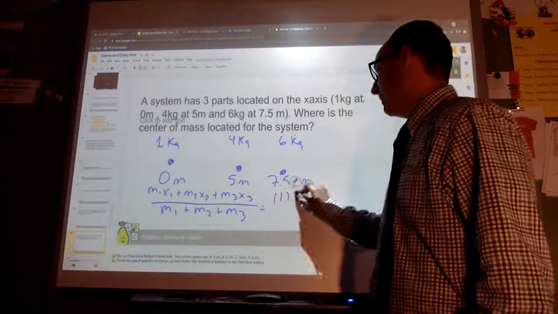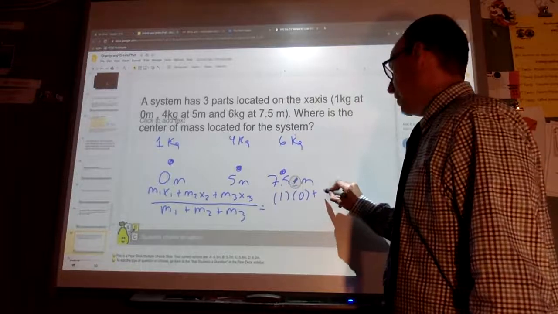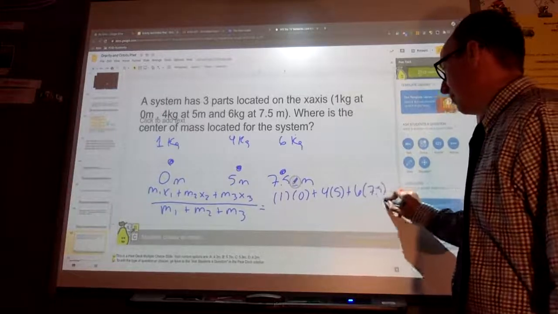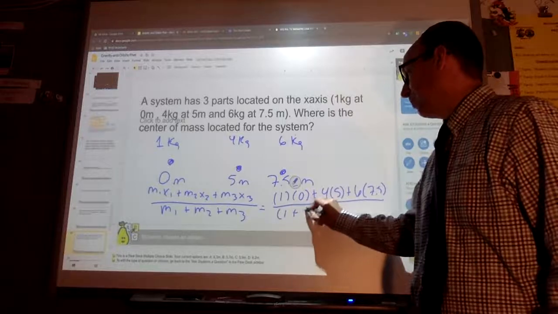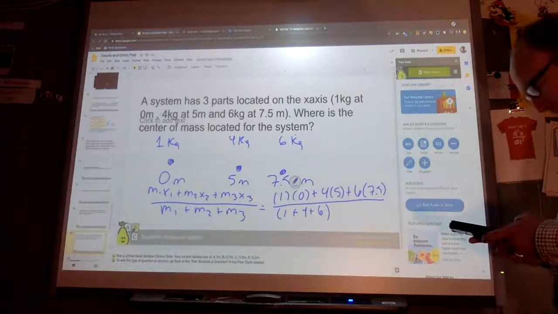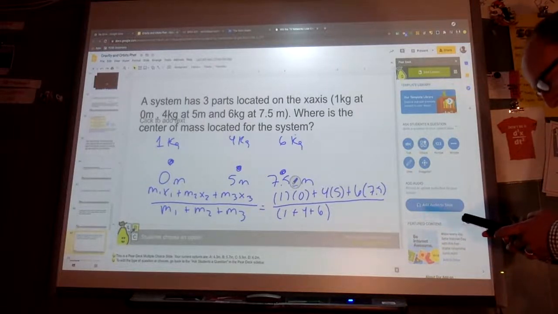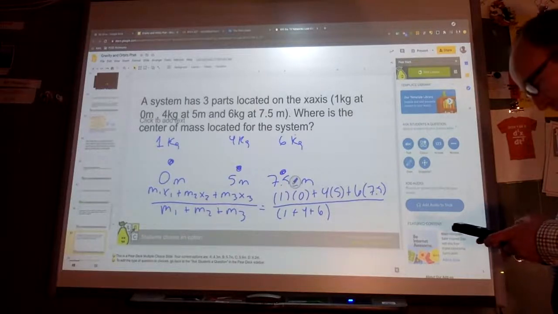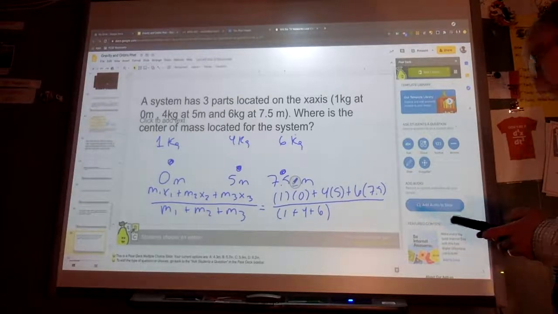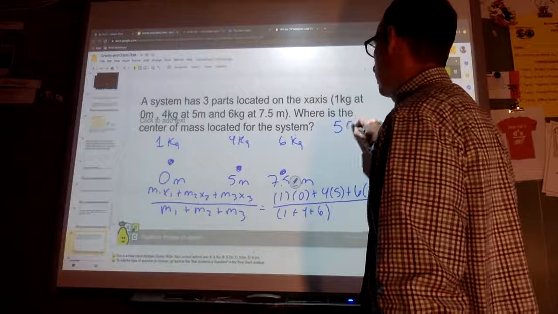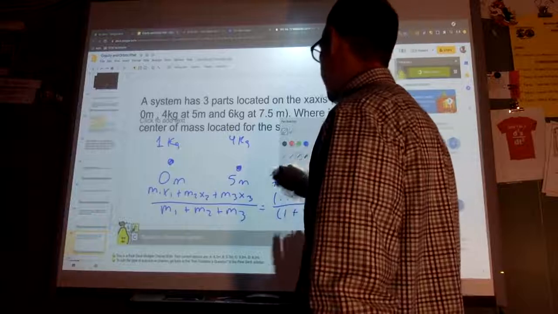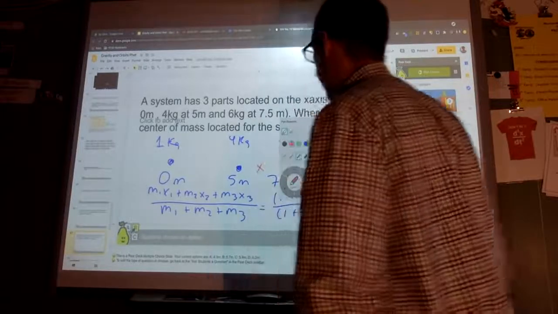So this is going to be 1 times 0 plus 4 times 5 plus 6 times 7.5 divided by 1 plus 4 plus 6. So I got 5.9. So if this is 5, we could say that all of the mass is right about there.